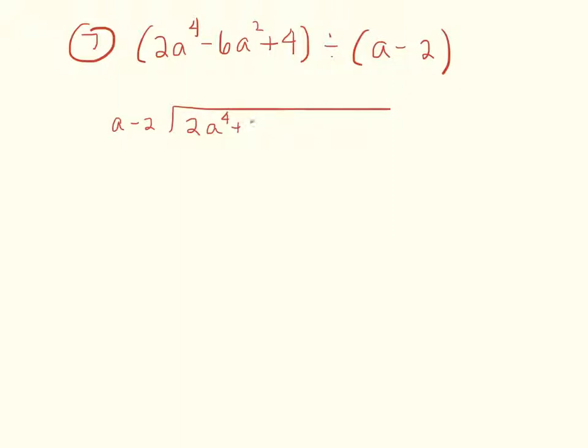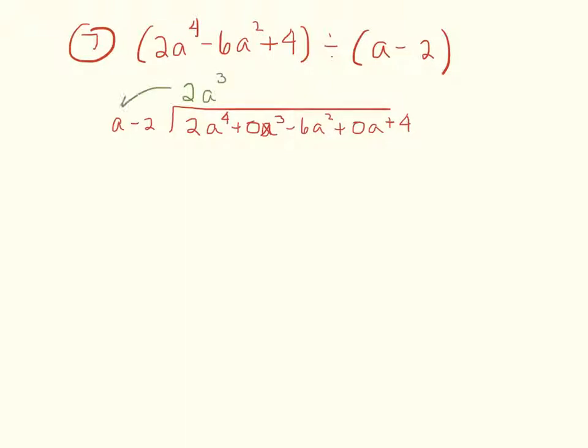I don't have any a cubes, minus 6a squared. Oops, I guess that should be an a right there. I don't have any a terms, so I'll put 0a in there and a 4 for a constant. Okay, now I have a video that talks about this. I'm asking myself, a times what gives me 2a to the 4th? The answer to that has to be 2a cubed.